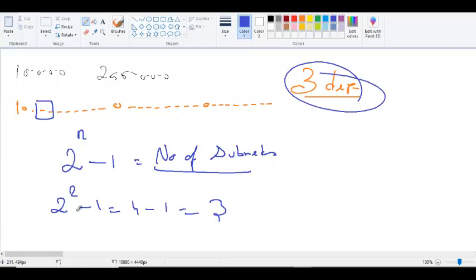For 3 subnets, I need to simply borrow 2 bits. So we have now derived the number of bits that we are supposed to borrow. We should not simply randomly take 3 departments, 3 bits. No, that's not good. You need only 2 bits.